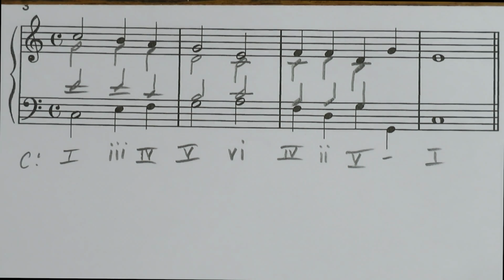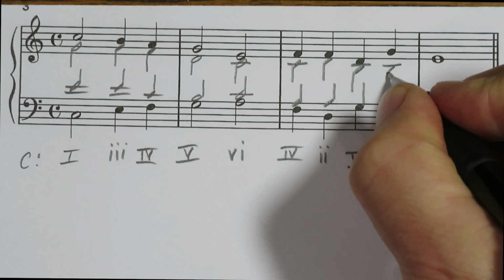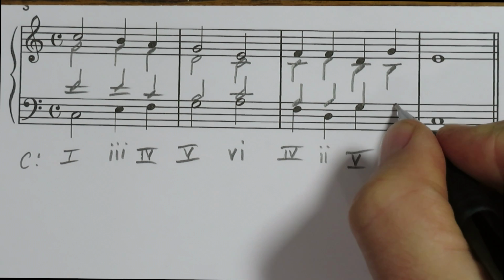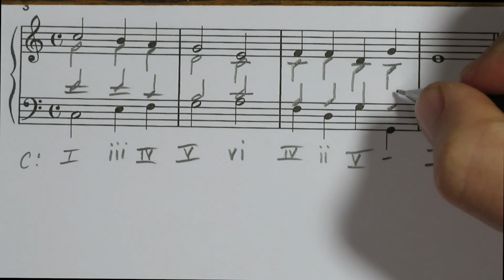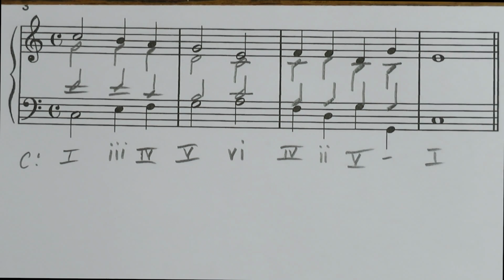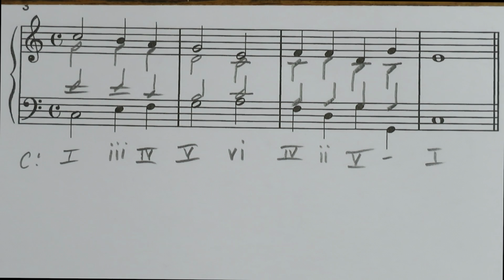Now, if we keep the common tone here, the B, and the common tone here with the G, those are octaves, but they're moving static motion. So we have an incomplete 5 chord.